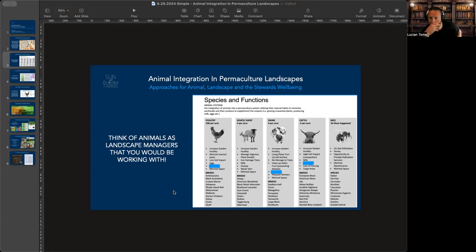So look, for example, here it says that poultry at 100 chickens per acre increase garden or soil fertility. They remove insects and pests in general. They have low soil impact if they are in that specific number on that 1 acre or in the space, if we respect that kind of density. They provide eggs.